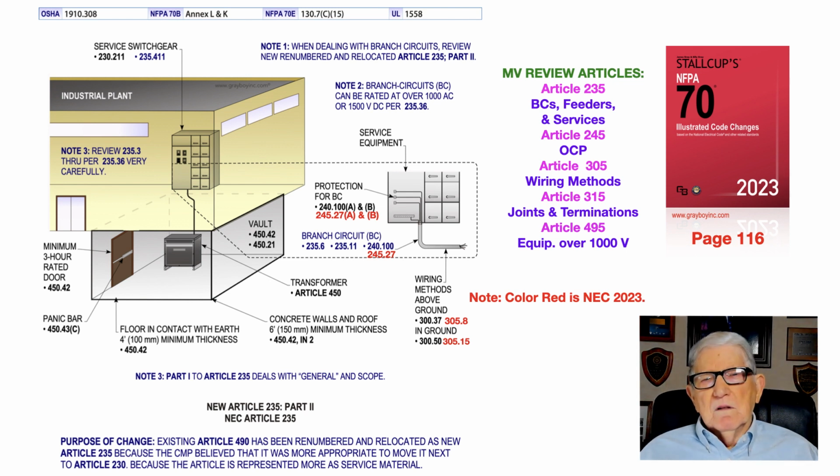As I do, probably I'll do 3 more videos outlining the parts of this new Article 235, as well as tie the other articles 235, 245, 305, 315, and 495 in, so that we get a good handle just exactly why did they provide new articles, delete some of the old articles, and move information around in an effort to make the NEC a little bit easier to read, understand, and apply when we're dealing with systems over 1,000 volts AC and 1,500 volt DC.